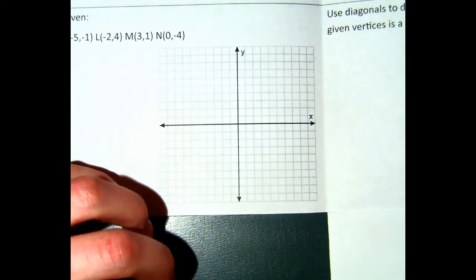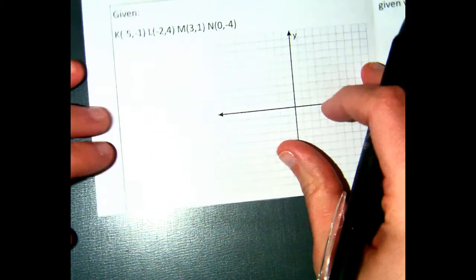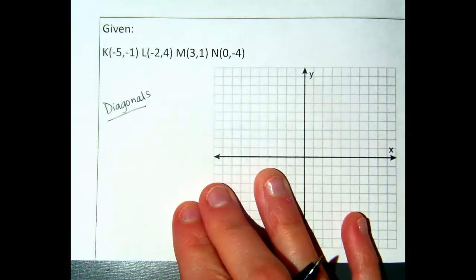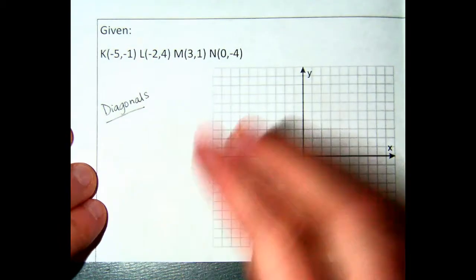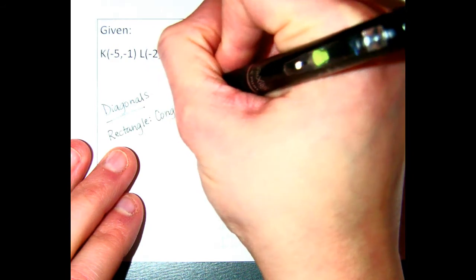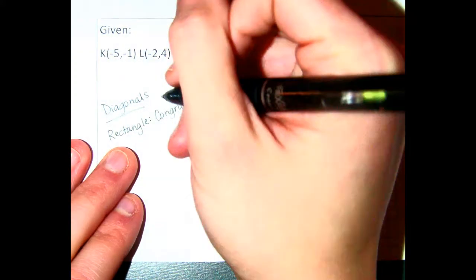Here's what we need to have memorized about diagonals. We already know it is a parallelogram. Each of the special types of parallelograms has certain rules. For instance, the diagonals of a rectangle are congruent, meaning they have the same distance for coordinate purposes.